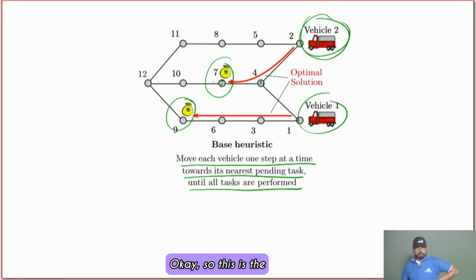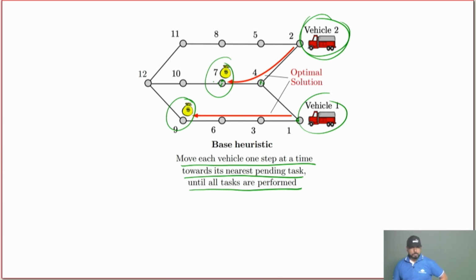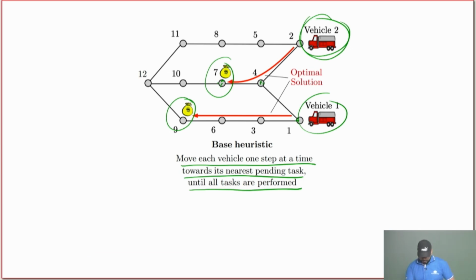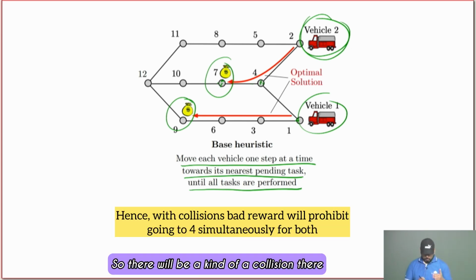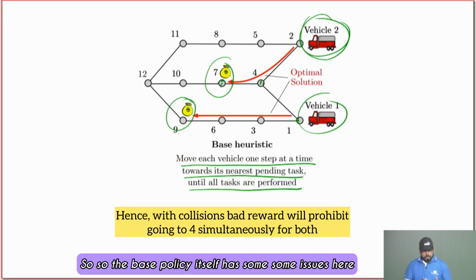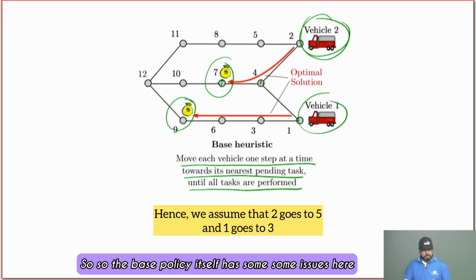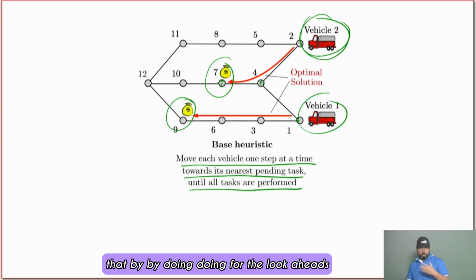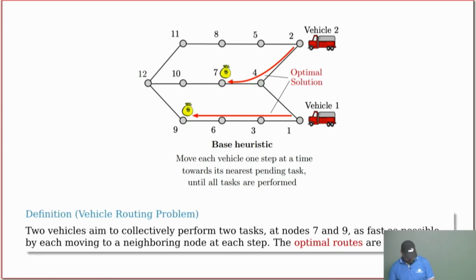So this is the base policy, and the problem with the base policy is that in the first step itself, both will reach 4. So there will be a kind of collision there. So the base policy itself has some issues here. The whole idea is to improve on that by doing further rollouts.